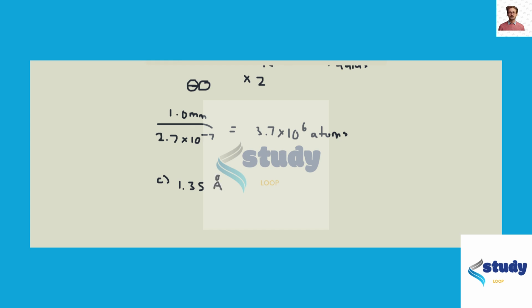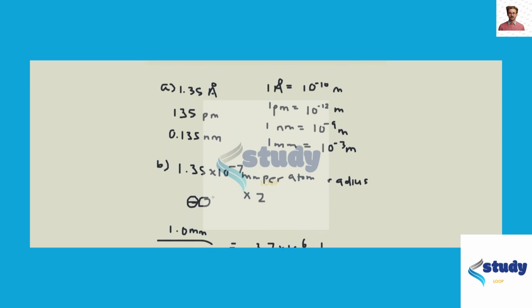So 1.35 angstroms in centimeters is going to be 1.35 times 10 to the negative 8th. You divide by 10 to the 8th because 1 angstrom is 10 to the negative 10th meters, and 1 centimeter we'll just put here is 10 to the negative 2 meters.